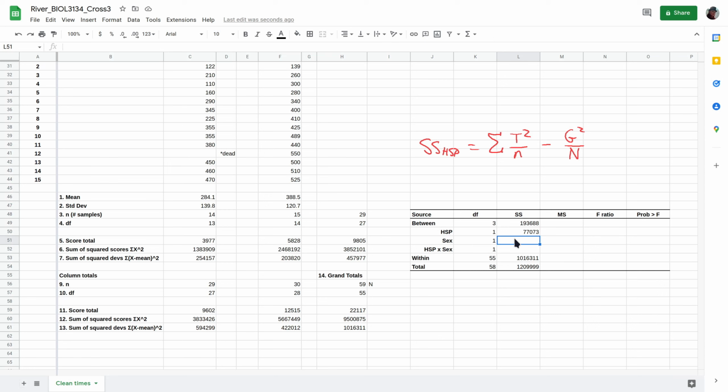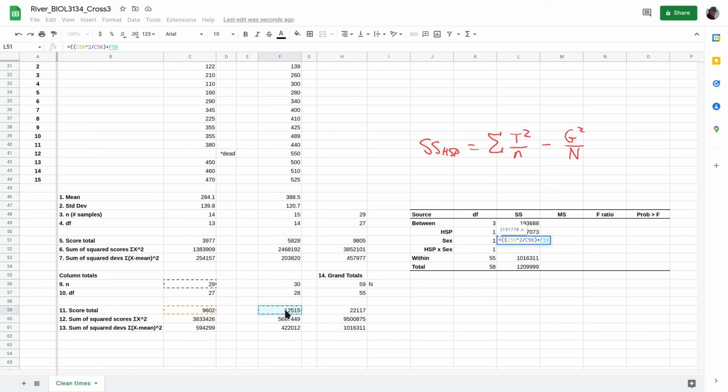Now it's the same thing for sex, except we do it for columns. We'll take our column score total here, go equals, open parentheses. We'll take this column score total, square it and divide it by the n for this column, and we will add the same for this.